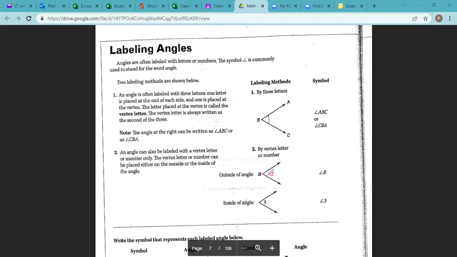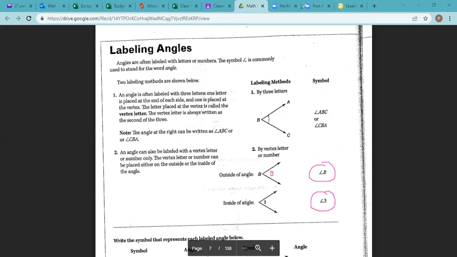When you label this angle, you draw the little angle symbol and then put B. So you're going to call it angle B. Also, with the number, that number 3 on the vertex could be on the outside or on the inside. But at the end of the day, you write your symbol for angle and the number right beside it. So this would be called angle 3.